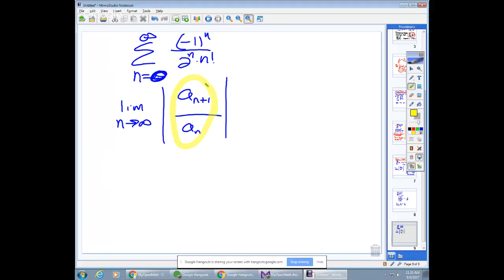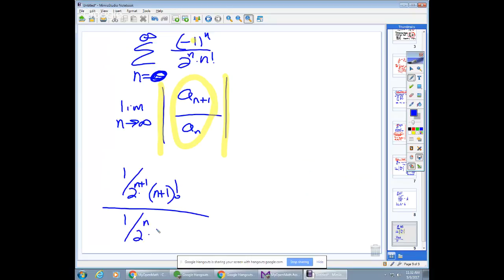Now we know we have the absolute value, so any plus or minus term can be ignored. So I just ignore that and ask, all right, what is this ratio? That's going to give me 1 over 2 to the n plus 1 times n plus 1 factorial, divided by 1 over 2 to the n times n factorial.